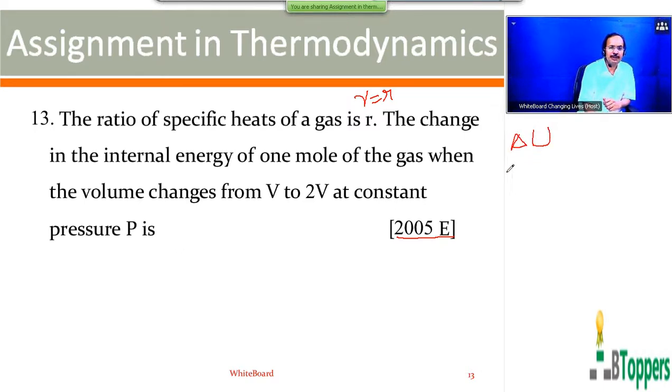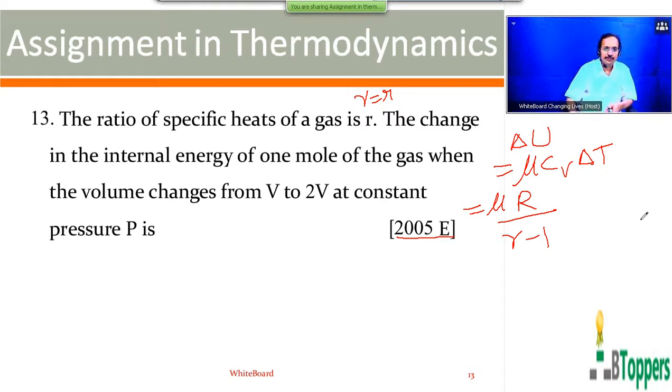the change in internal energy is given by the same formula, nu Cv delta T, where Cv is the molar specific heat of the gas at constant volume. Cv can be written as R by gamma minus 1.